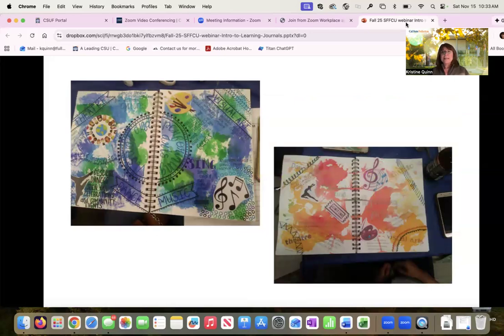Here's that very same assignment with two different students' approaches. You can see again the bleeding tissue in the background. You can get very different effects from that. You can see that they both have clip art where they have printed something and pasted it onto their journal. You can see that they have Zentangling. Both pages have Zentangling.